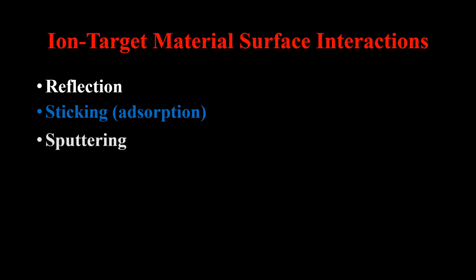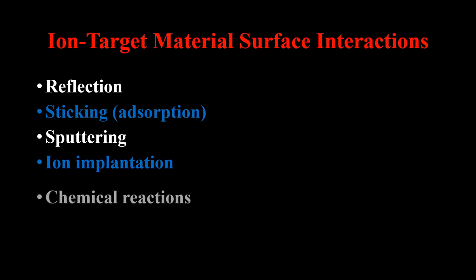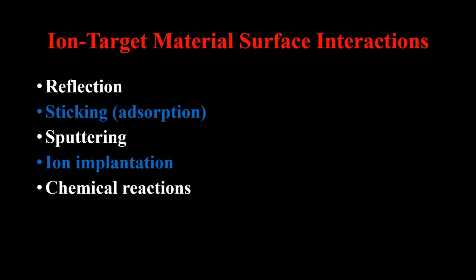Okay, so the bombardment ion may cause sputtering, a physical removal of the source material. Bombardment ions may cause ion implantation, and they may cause a chemical reaction on the surface or inside the source material.